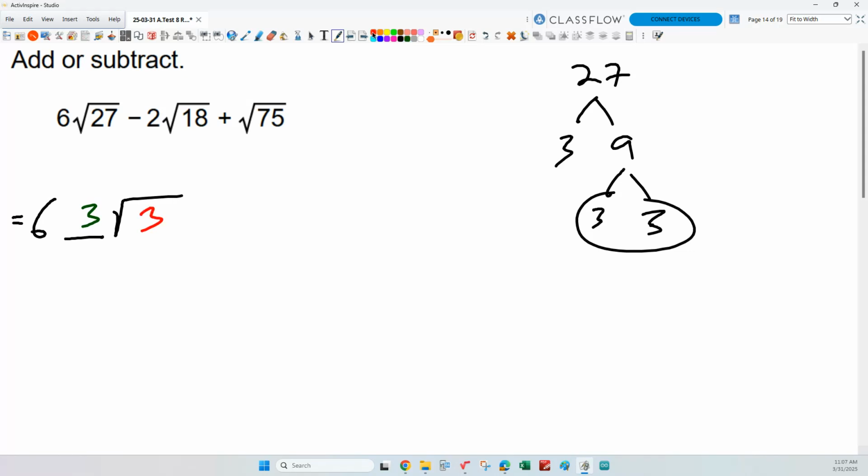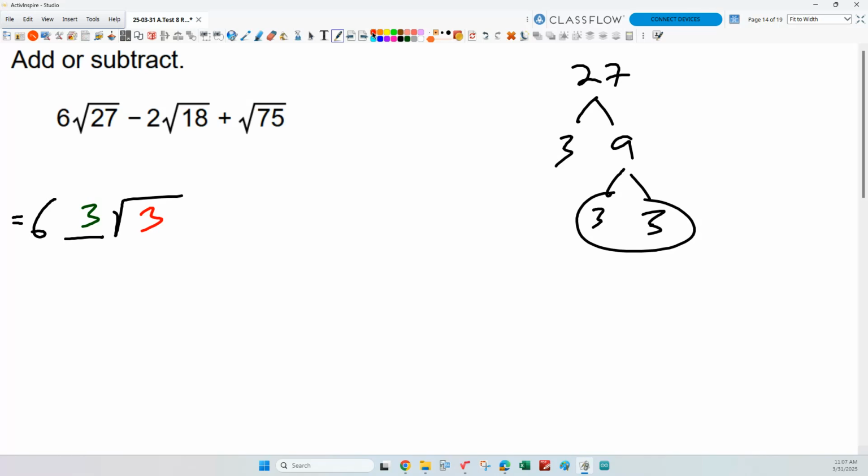How about the next one? Square root of 18. 9 and 2. So in that case, I'm going to get what outside number? Okay, good. The 9 breaks up into a couple of 3s, so I know I'm going to get an outside 3 and an inside 2 this time.